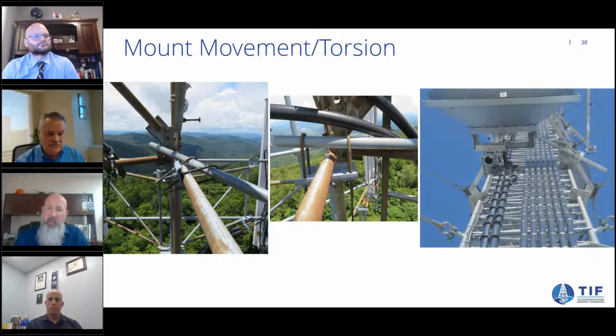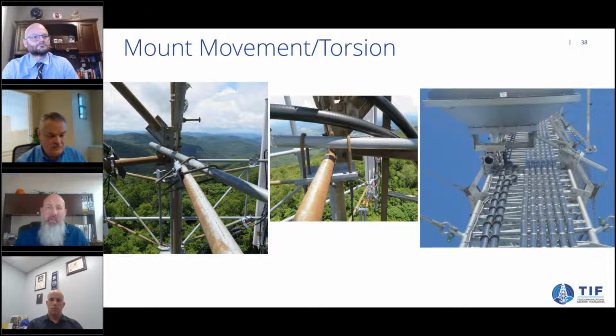These should be attached to the leg, which means those stiff arms are not going to perform as they were designed. And we could end up seeing twisting moments on the leg. We could see rotation of the sector frame, which means now RF coverage is not going to be what it was originally designed. Now, in the right photo, a few more implications there.